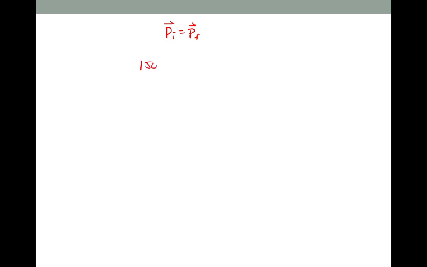So 1,500 kilogram meters per second has to equal negative 300 kilogram meters per second plus 2 kilograms times v final. Solving for v final, I get that it is moving at 900 meters per second in the positive direction, or in the direction that the 2 objects were initially moving.